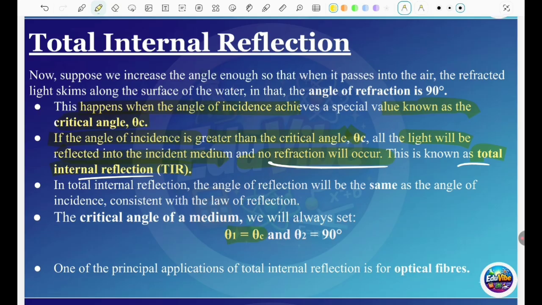Theta 2 is not given in that question, so theta 2 is automatically 90 degrees, because there is no refraction occurring, so the angle stays 90 degrees. With total internal reflection, the angle of reflection will be the same as the angle of incidence, consistent with the law of reflection. The principle of this is used in optical fibers. Sometimes they use the word optical fibers for this topic. You have to know this is just the application of internal reflection.